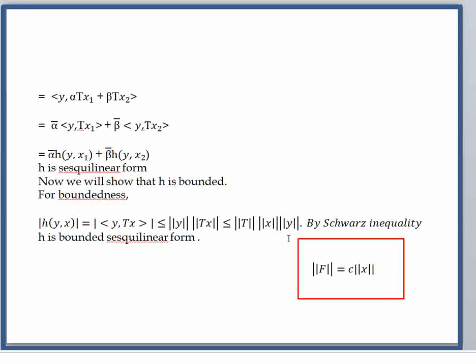By the Schwarz inequality, we know that norm of f is less than or equal to c into norm of x. If there exists a c in this form, then we say that f is bounded. So here T is a linear operator and gives us a finite number. So h is bounded.